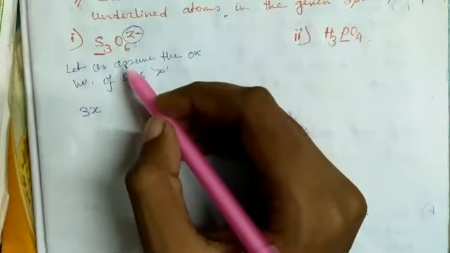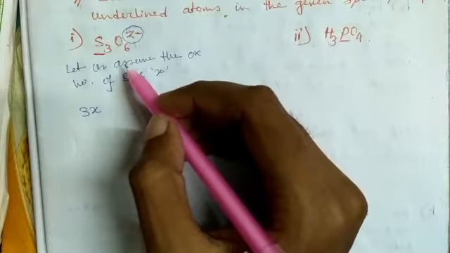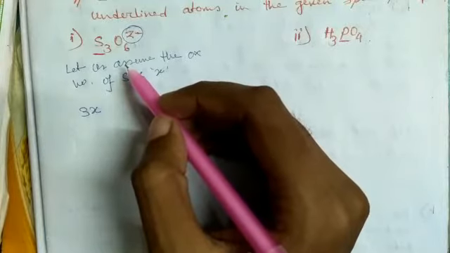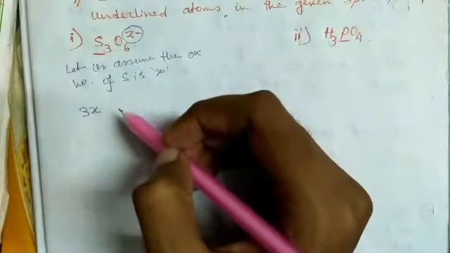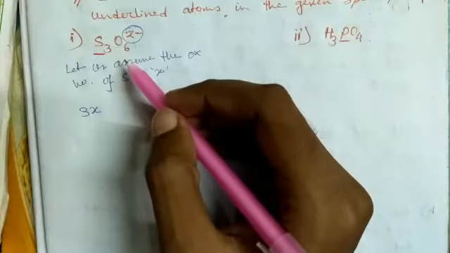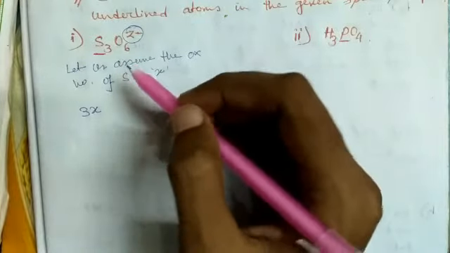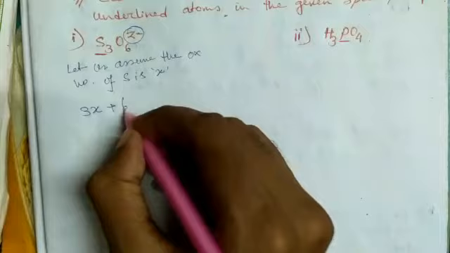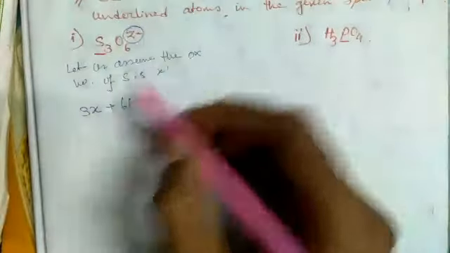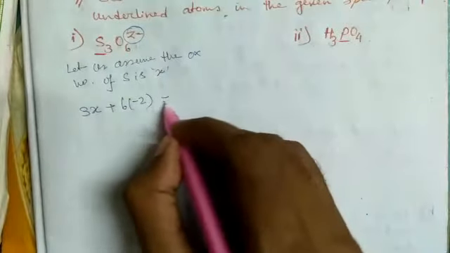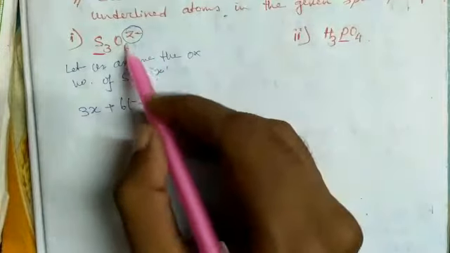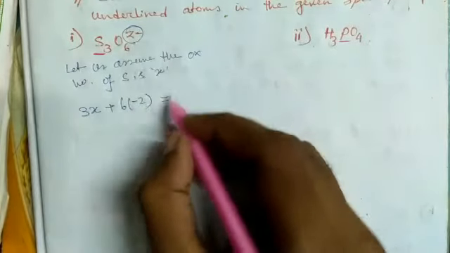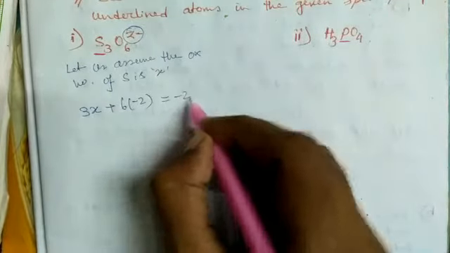And oxygen in general has oxidation number -2 for each oxygen, but here we have 6 oxygens, so we have to multiply 6 by -2, and the sum of these is equal to the total charge of the species, that is here -2.